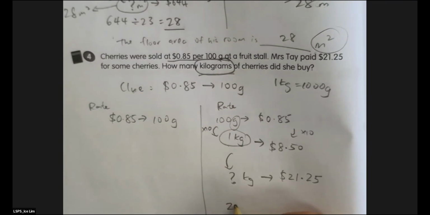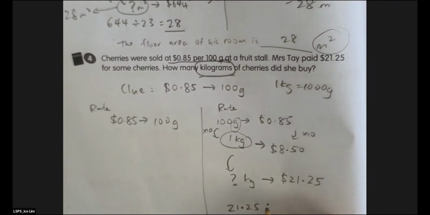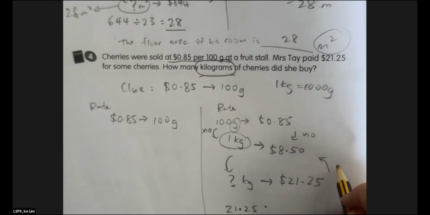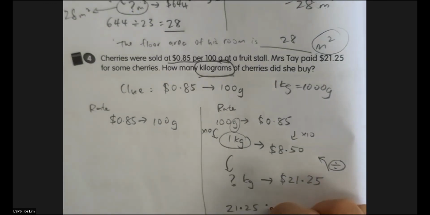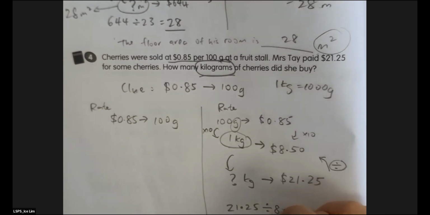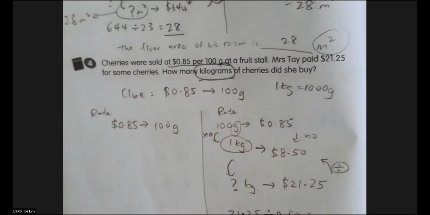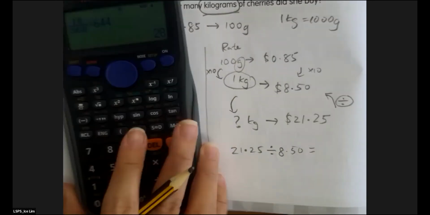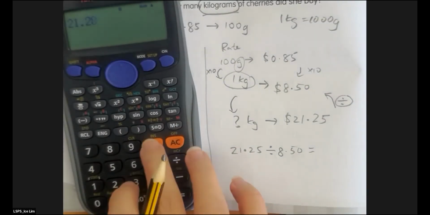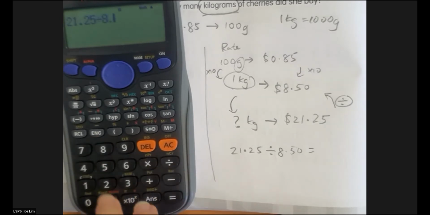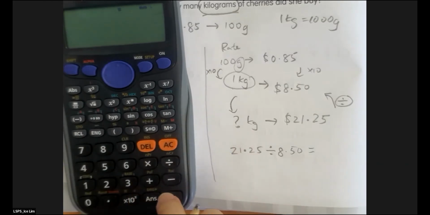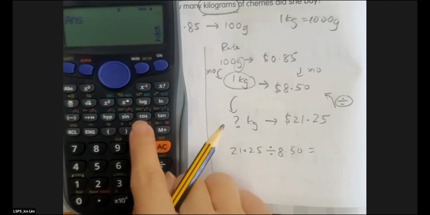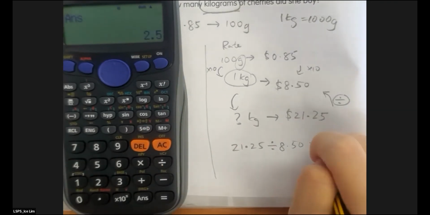Then I use $21.25 divided by 8.50. That will give me 2.5 kilograms.